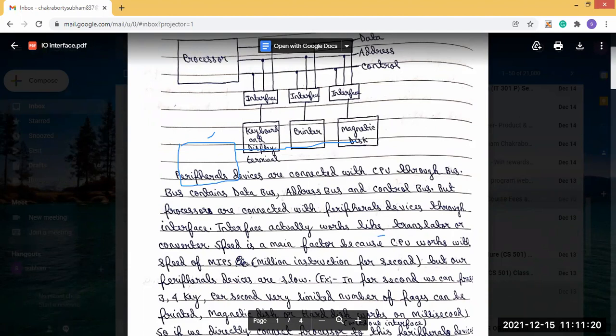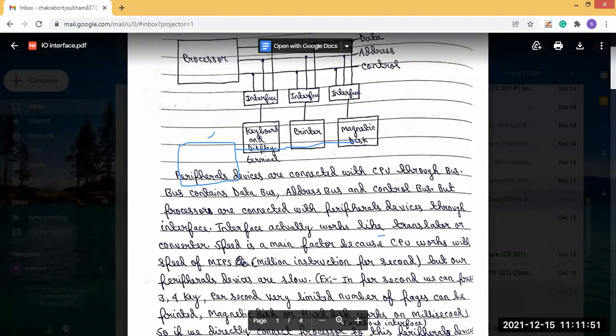Our processor speed is very fast compared to the secondary memory speed, which is much less. So to normalize this factor, we use the interface.